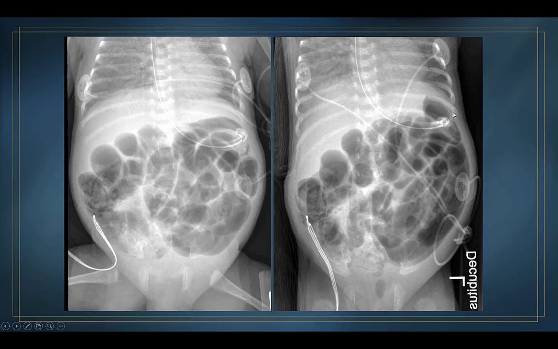And with a small amount of free air, when you do a right lateral decubitus, and you also happen to have a lot of distension and air-filled bowel against the left abdominal wall, you can miss a pneumoperitoneum. That's why it has to be done with the left side down. And if the technologist has done it incorrectly, it really should be repeated.